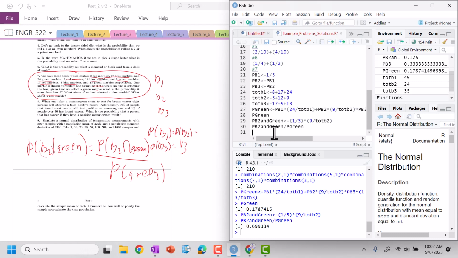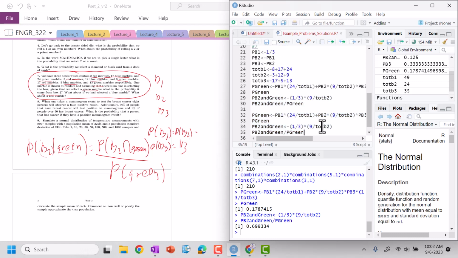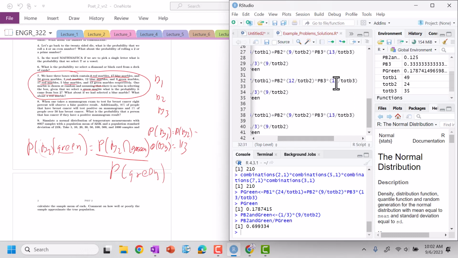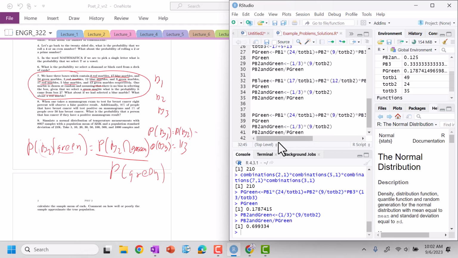It also asks us, what if we had selected a blue marble? In that case, we would just have to switch these up. So let's do this here. The probability that we are blue: all I'm going to do is change the numbers. There are 17 blue marbles in the first box, 12 in the next, and 5 in the last.